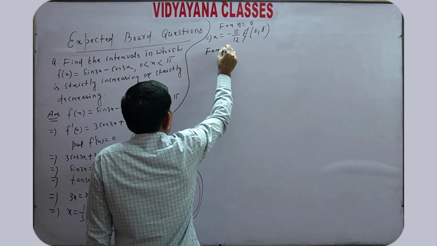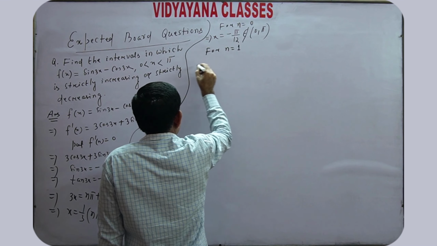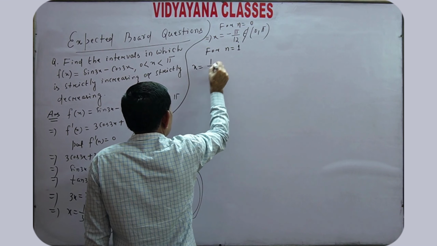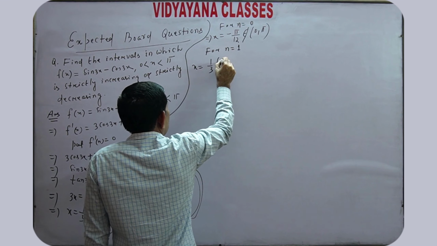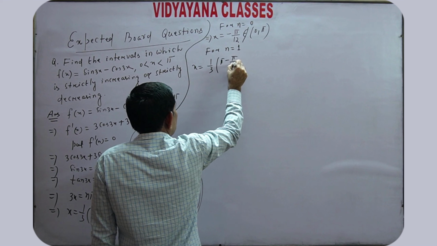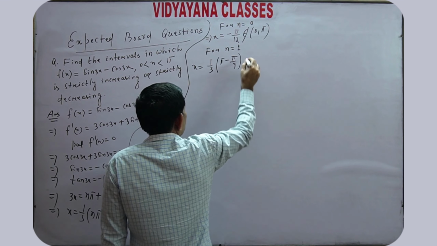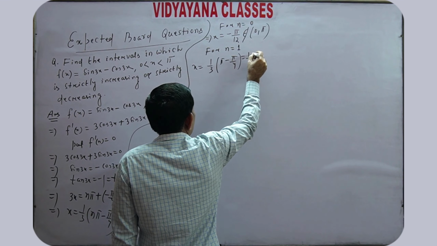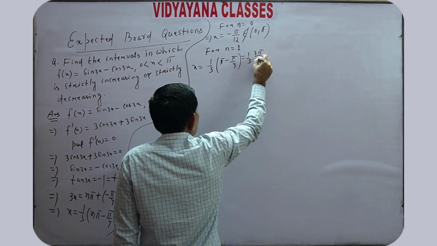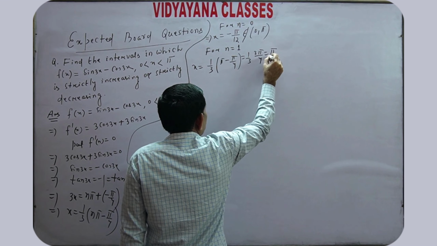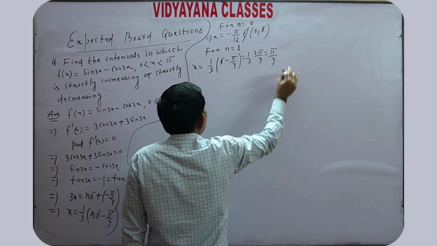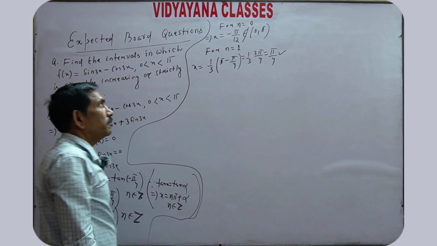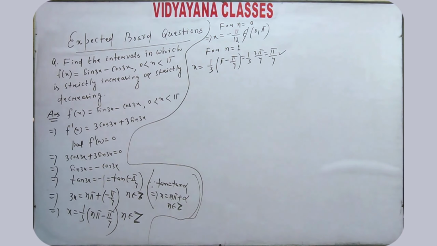For n is equal to 1, x is equal to 1 by 3 of pi minus pi by 4, that is equal to 1 by 3 of 3 pi by 4, which is pi by 4, which belongs to 0 to pi. Clear?